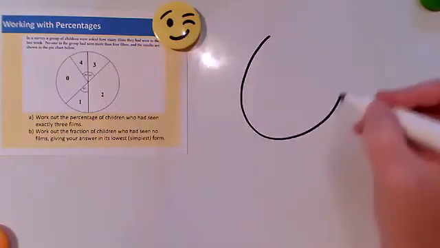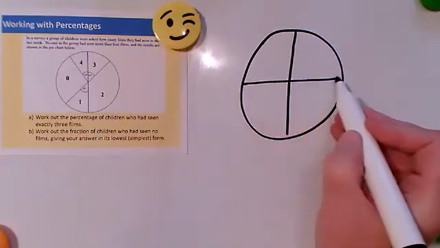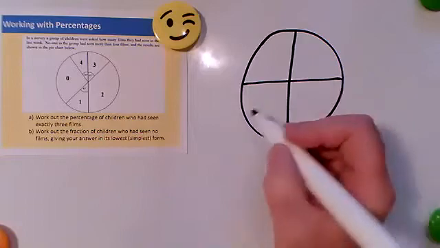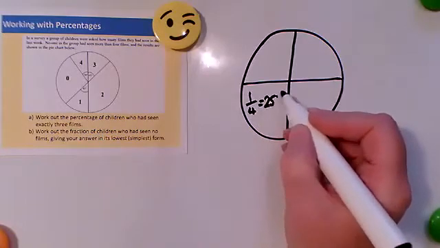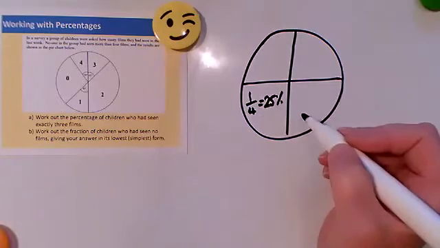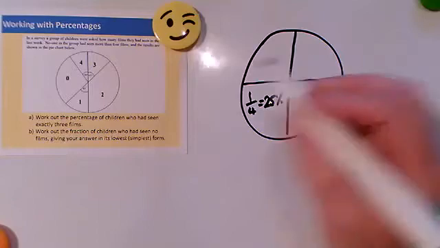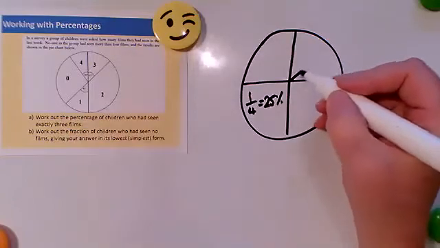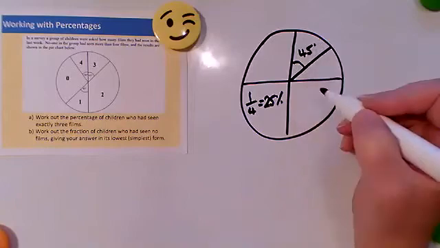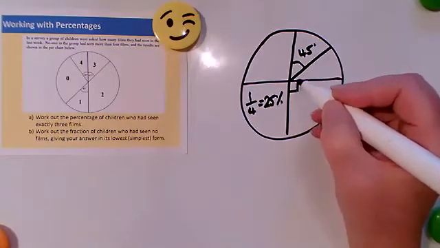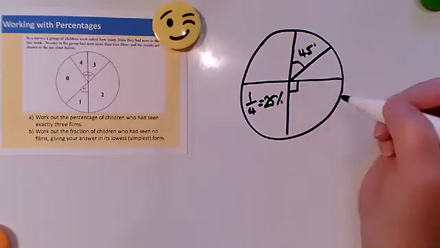If we think about our pie chart, if I was to split it exactly into quarters, each quarter here would represent 25% of the data. But I don't want a quarter, I actually want 1/8, because 45 degrees is half of the 90 degrees that each quarter would have as its angle.